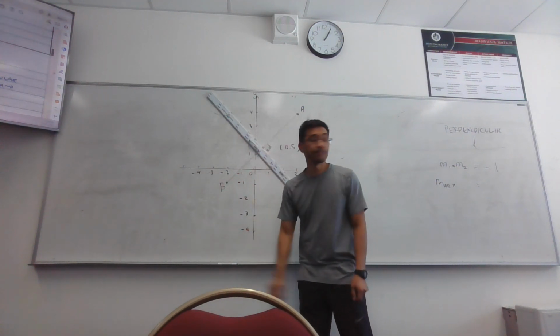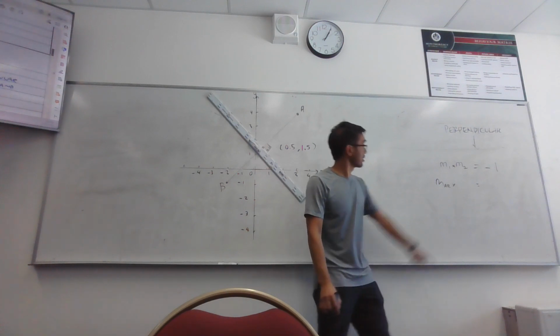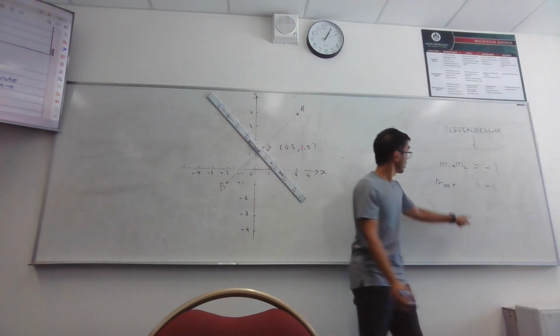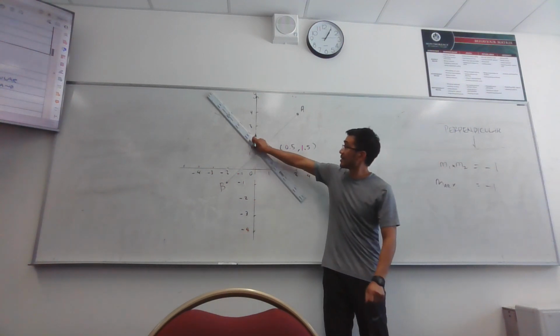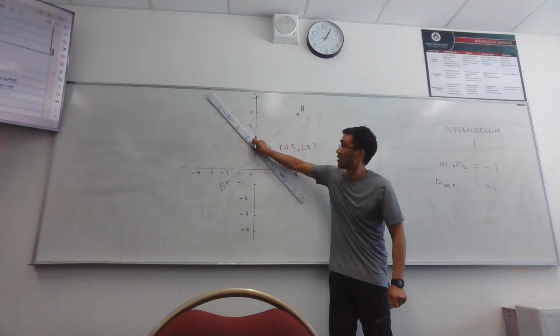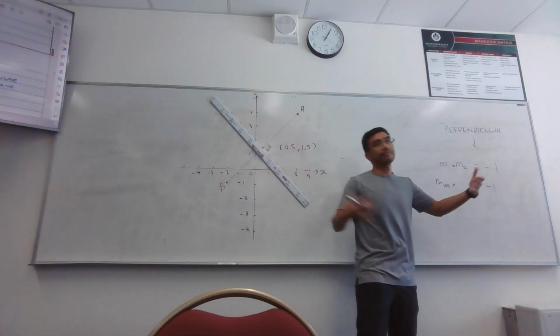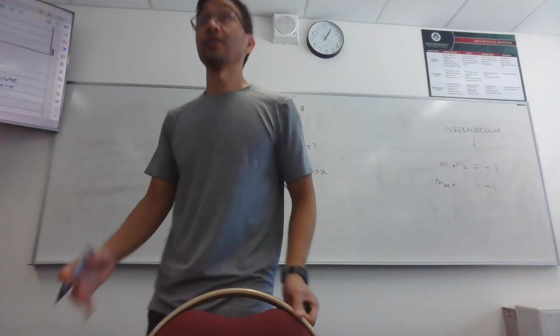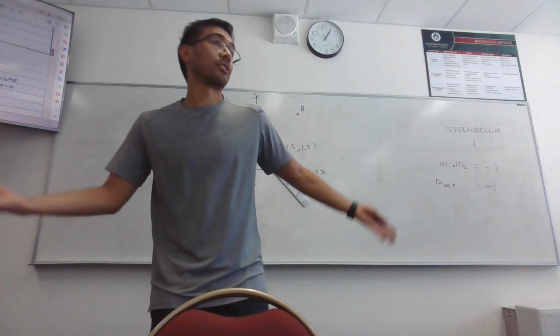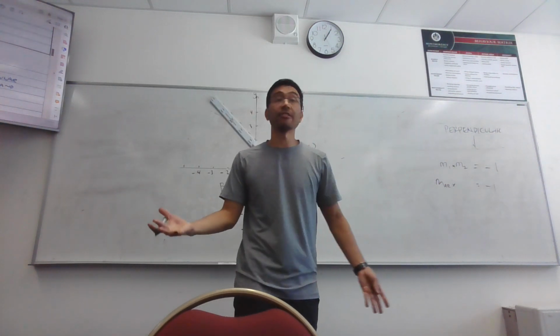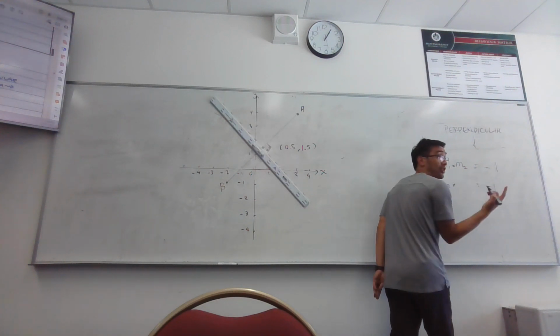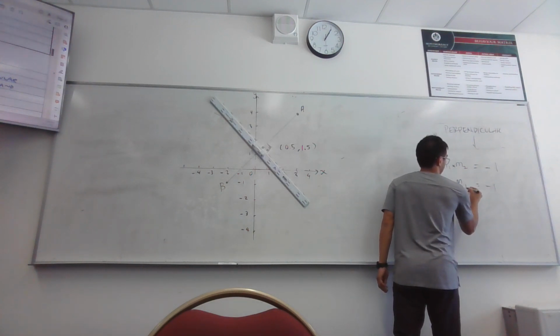I just didn't write the B. It's still -1. But we are finding the gradient of this one here. What can I change to? CD. You could change it to CD. You could do whatever you want, but it's got to be different. In my notes anyway, I use this.